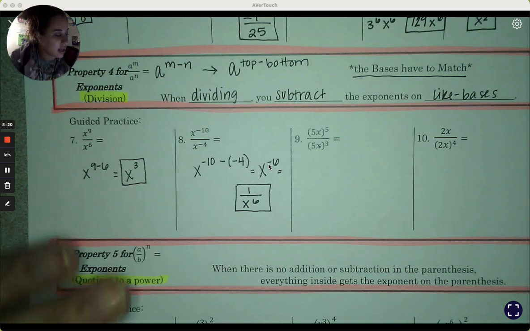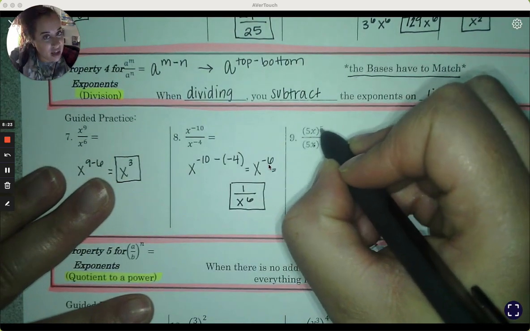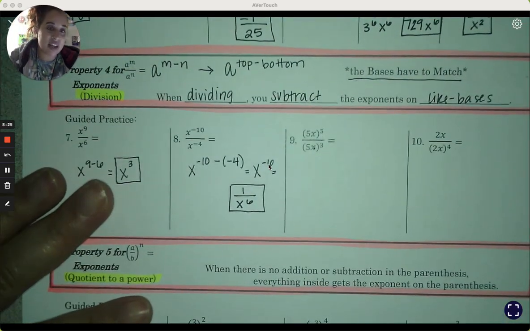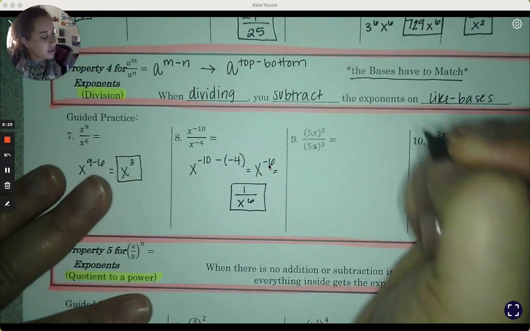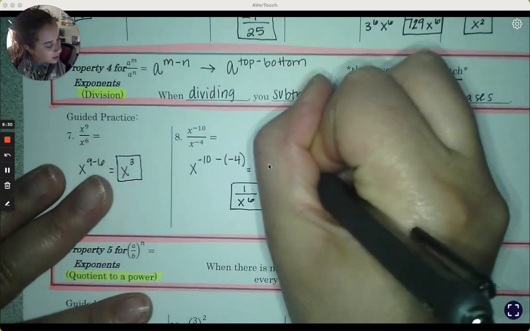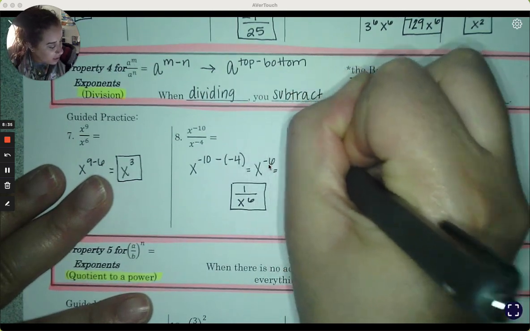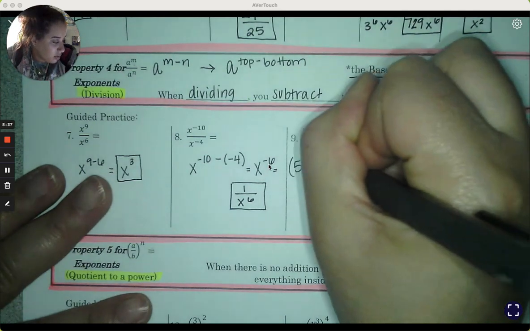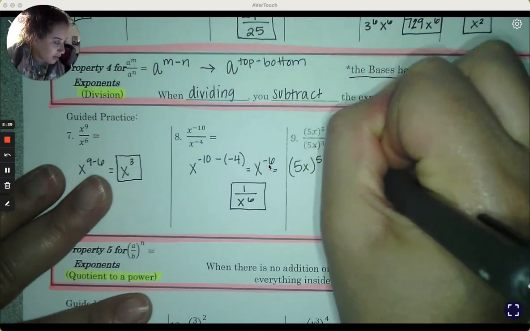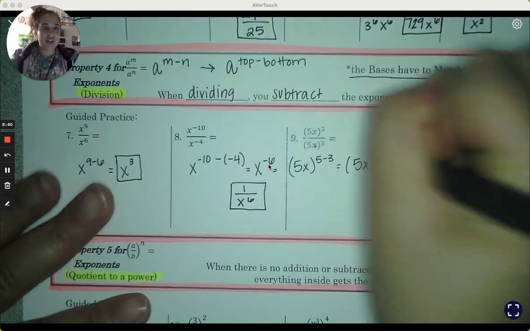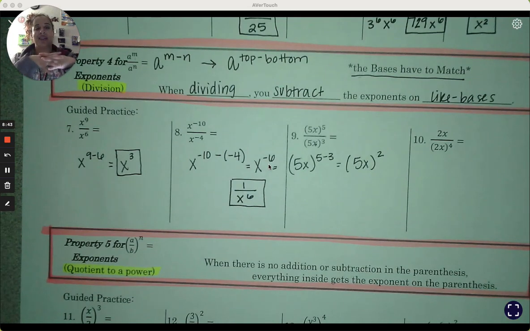All right, so I see I have 5x to the 5th divided by 5x cubed. So what I'm going to do is subtract my exponent. So we have 5x to the 5 minus 3, which is 5x squared. And you'll notice I left the 5x inside the parentheses because that's how it was written. Okay, and I don't want to change it.